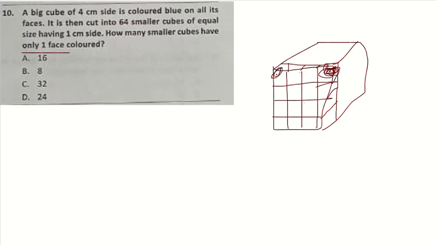The edge cubes have 2 faces colored, so all of the edge cubes are out, and that leaves only the center 4 cubes for each face with only one side colored. And there are 6 faces, so there will be 6 into 4, 24 cubes in this arrangement of 64 cubes which have only one face colored.